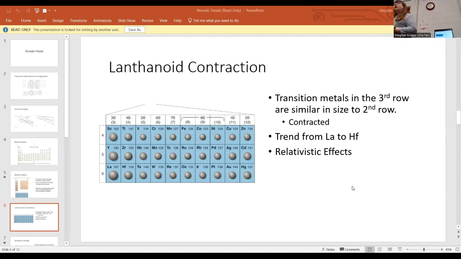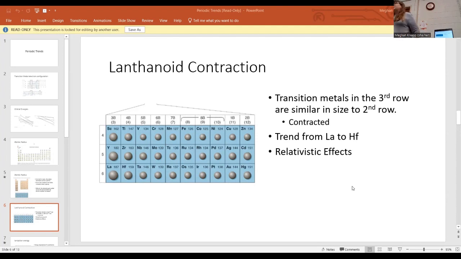So one of the reasons that we say this is the case is because if we look at the elements in the third row, they are immediately preceded by the lanthanoids. Actually, this contains both of the reasons. If we think about the trend continuing going across of getting smaller and smaller, we've got 14 elements worth of it decreasing.